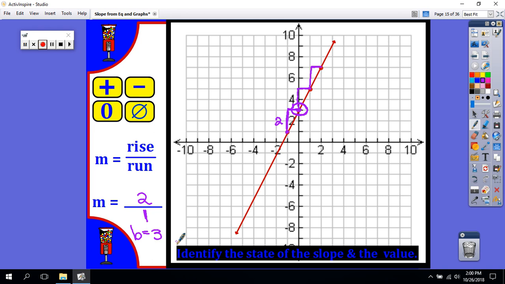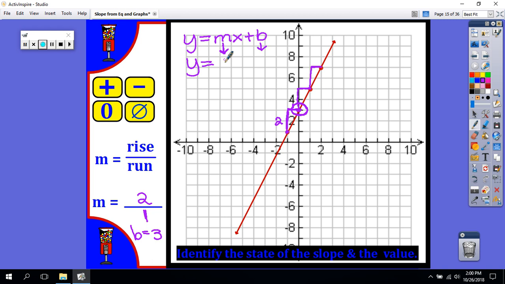So now we have enough information to write our equation. I'm going to go ahead and remind you by writing the formula. y equals mx plus b. We want to now insert the value of m that we just found from our rise and run and the value of b that we found from the y-intercept into this equation. So now we'll have y equals, what was our m? 2 over 1.